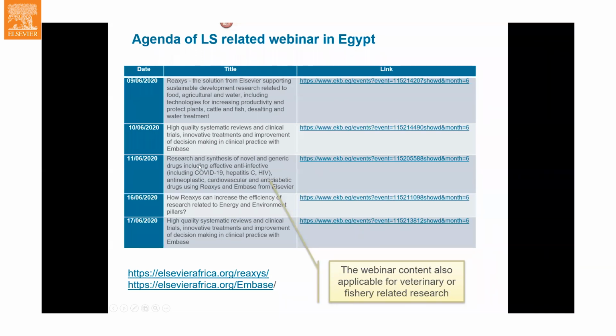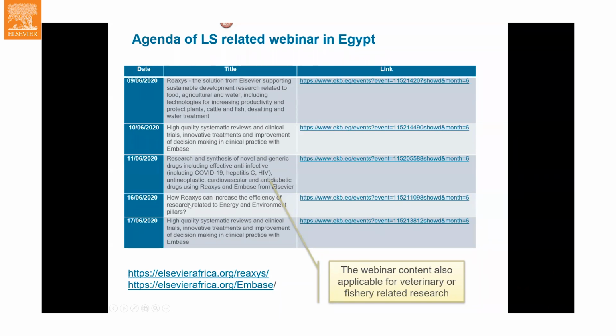The next one would be research and synthesis of novel and generic drugs, including drugs against COVID, hepatitis, HIV, and other disorders, and it will talk about using both products, Reaxys and Embase.